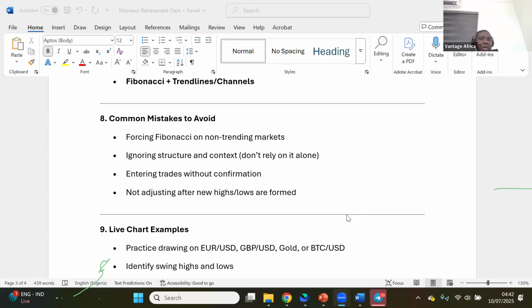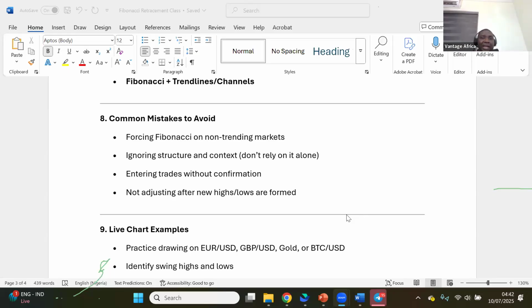Another mistake is not adjusting after a new high. This is something I will be able to show on the charts. When you take a swing high and swing low for an uptrend, and then price doesn't get into the 50 to 61% level, and then goes off to break the previous swing high you took, then this previous swing high becomes invalid.